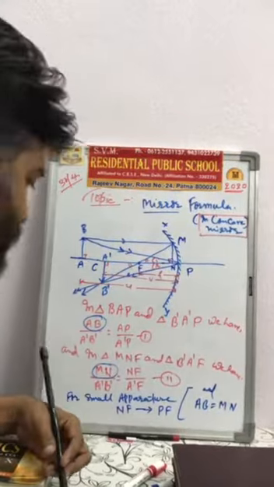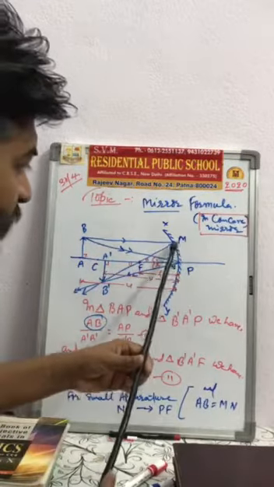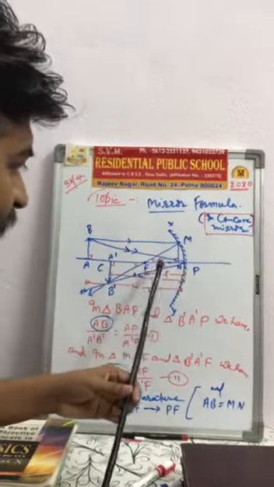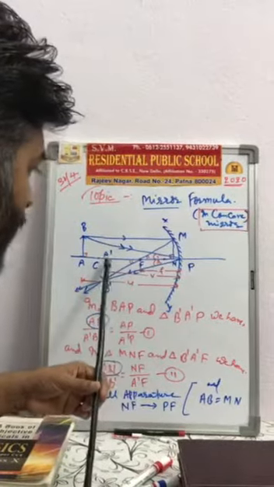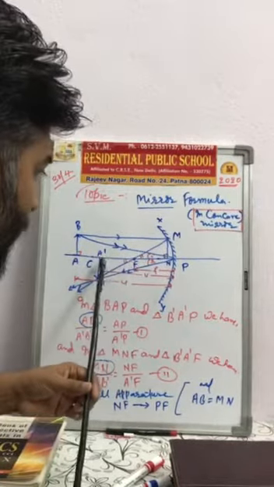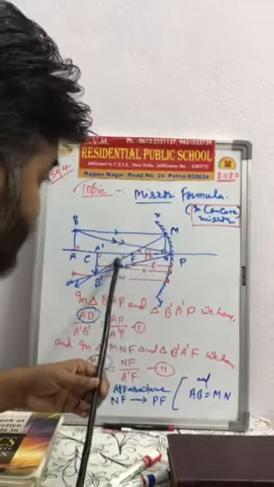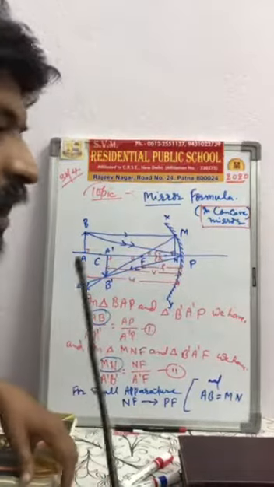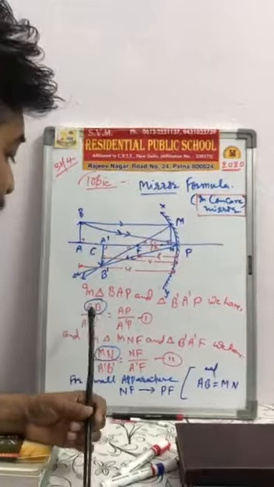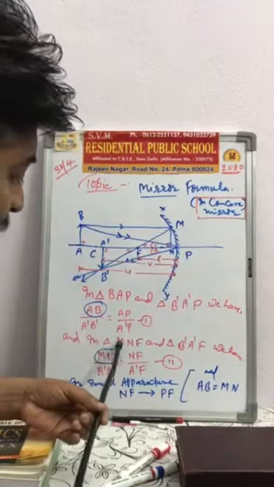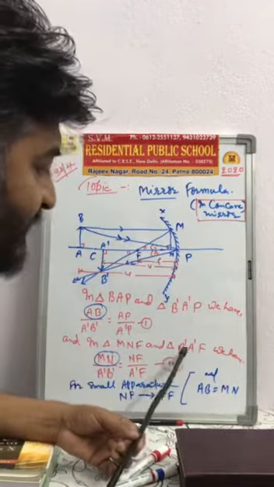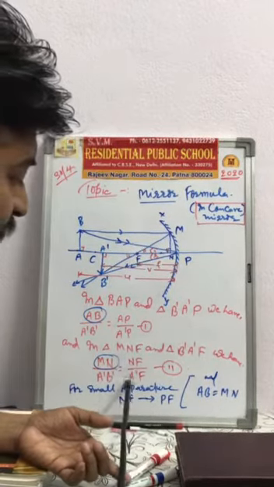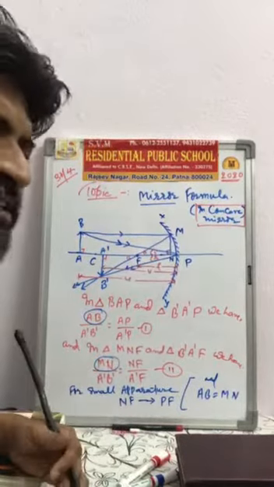This is equation 1. Now we take triangles MNF and B'A'F. These two triangles are also similar, because N and A' are perpendicular, as well as this angle and this angle are vertically opposite. So by the property of similar triangles, we have MN by A'B' is equal to NF by A'F.